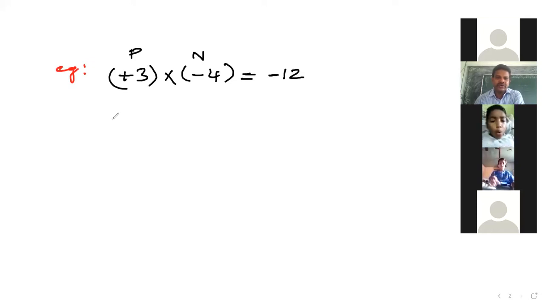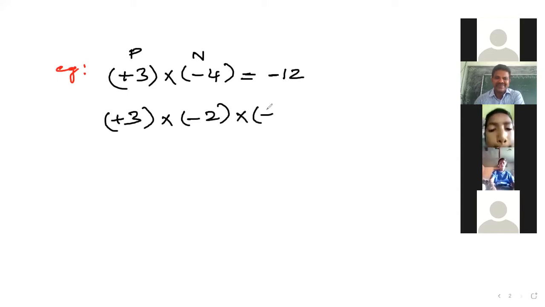Next, if we multiply one more number, +3 into -2 into +4. This is a good one to learn. See, +3 into -2. First of all, we use the associative property here.